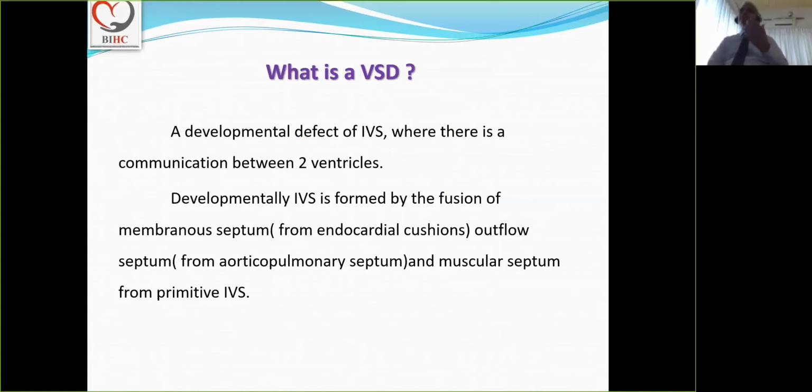The membranous septum born out of the endocardial cushions, the outflow septum, which is a part of the aorticopulmonary septum that grows down in, and the muscular septum from the primitive interventricular septum. Therefore, defects in the ventricular septum are related to these three structures.